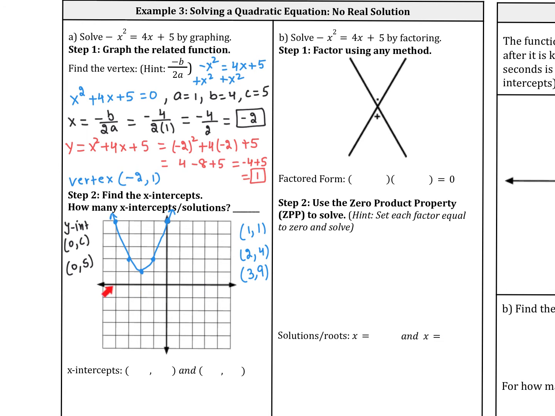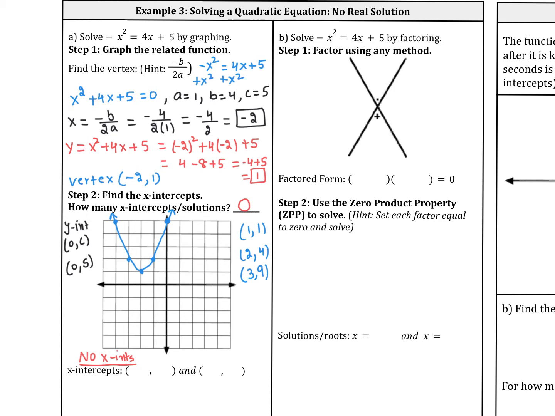It means there is going to be no x-intercept. So how many x-intercepts do we have here? 0. So no x-intercepts because it is not crossing the x-axis at any point.